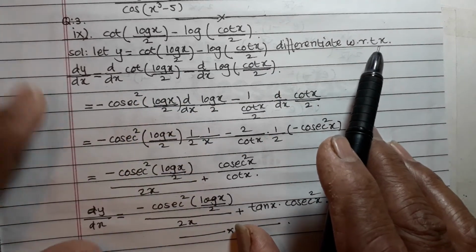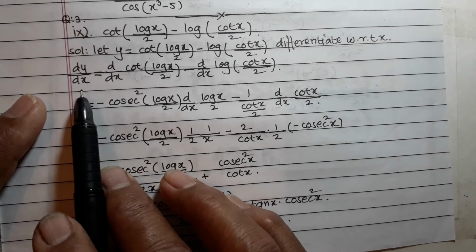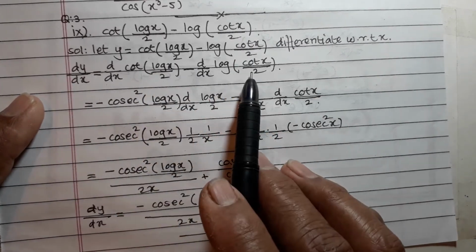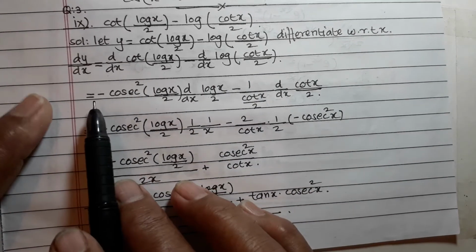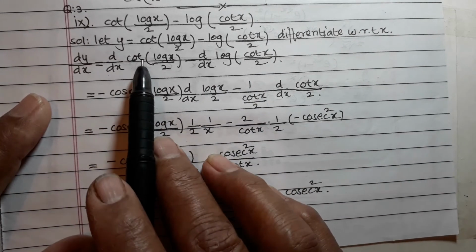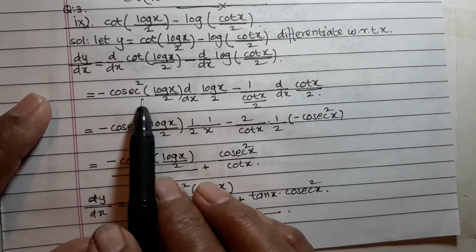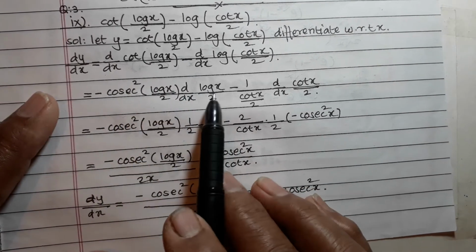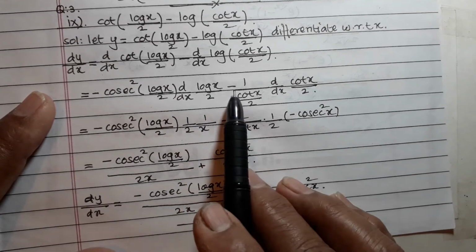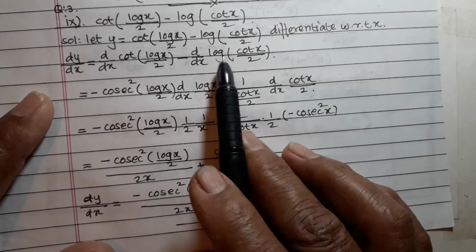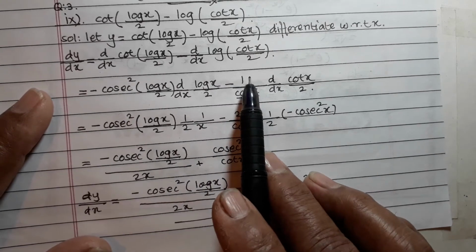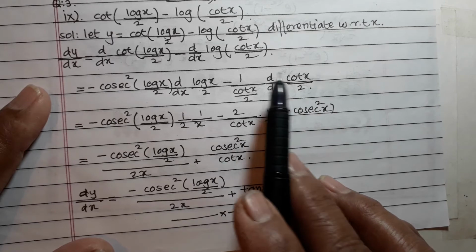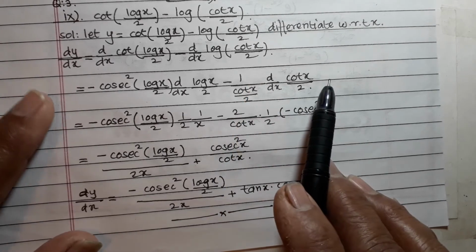Differentiate with respect to x. dy/dx is equal to derivative of this minus derivative of this, is equal to derivative of cot is equal to minus cosec square log x upon 2 and derivative of log x upon 2, minus this, derivative of log is 1 upon cot x upon 2 into derivative of cot x upon 2.